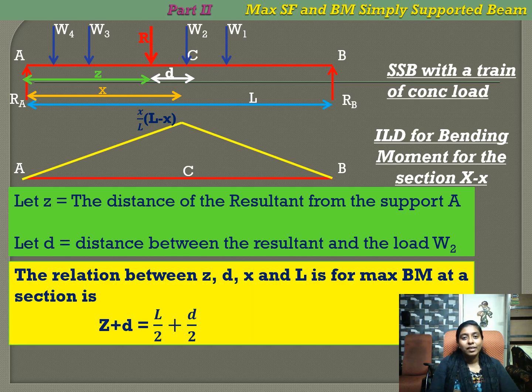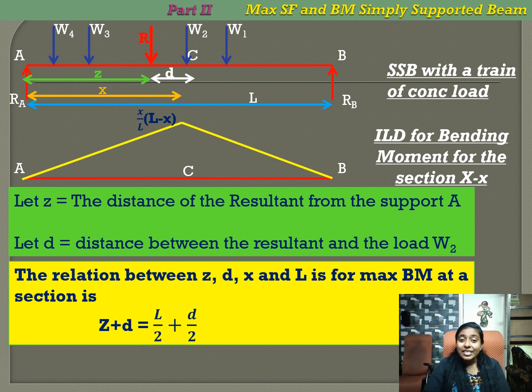Now after doing this, we will find the moment, and differentiating, we will get a relationship between Z, d, x and L. That is the condition for maximum bending moment at any section when a train of loads is given.